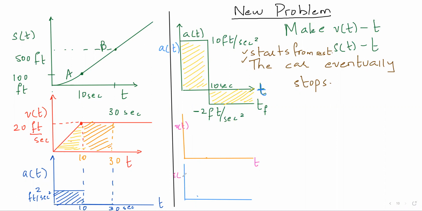That's S bracket T. Done. TF is the time when the point object stops.